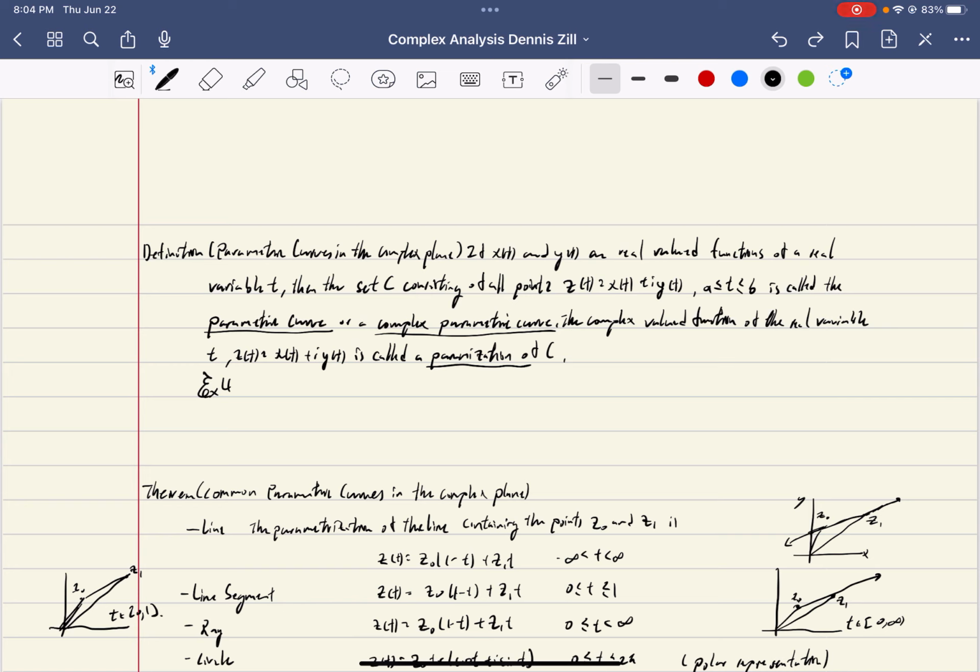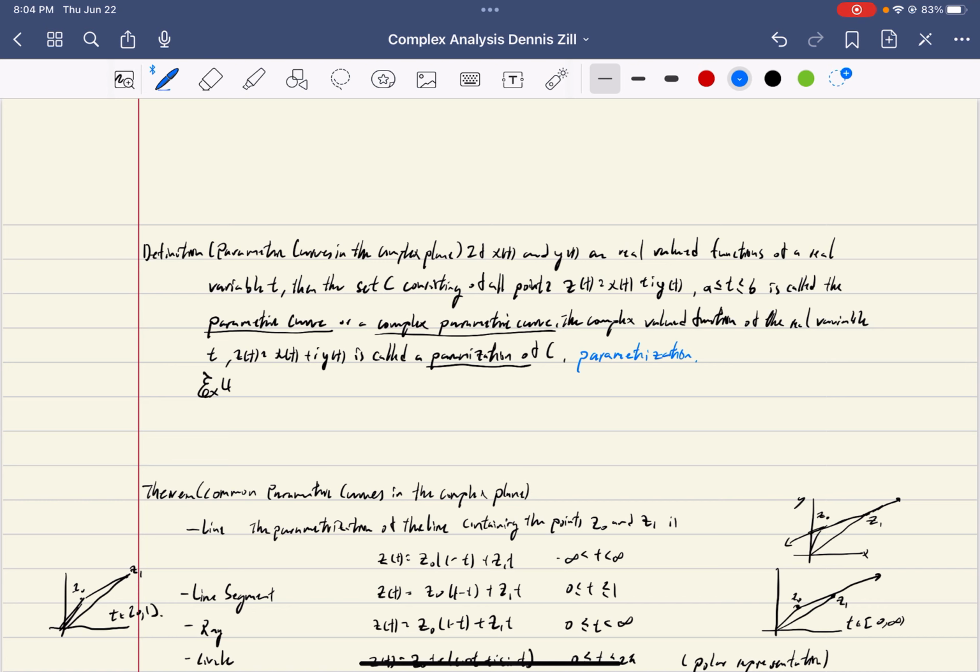The complex valued function of the real variable t, that is z of t equal to x of t plus i y of t, is called the parametrization of C. I think I spelled it incorrectly. Parametrization. I must be in a hurry.